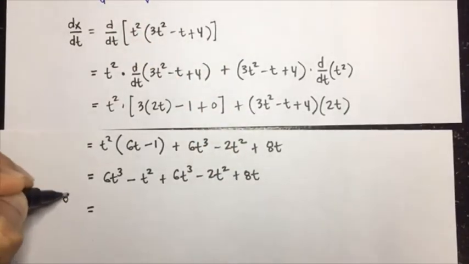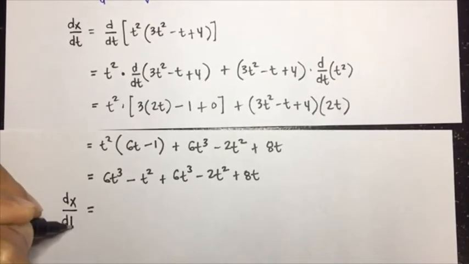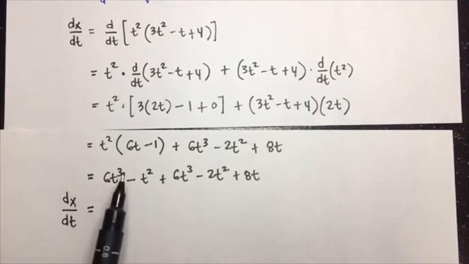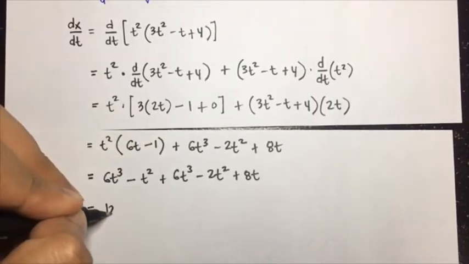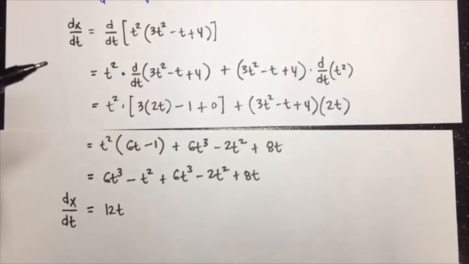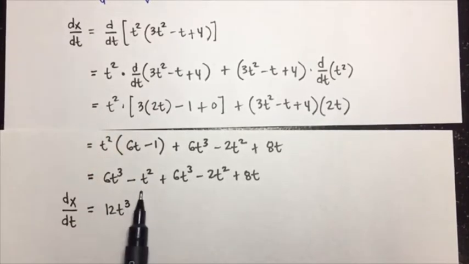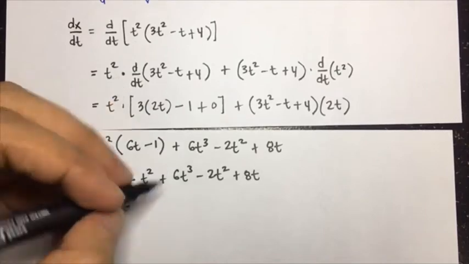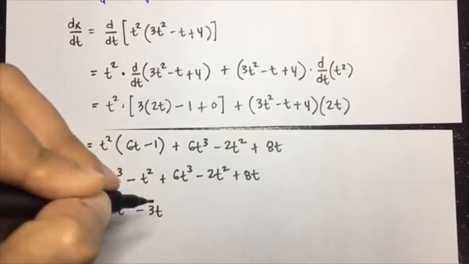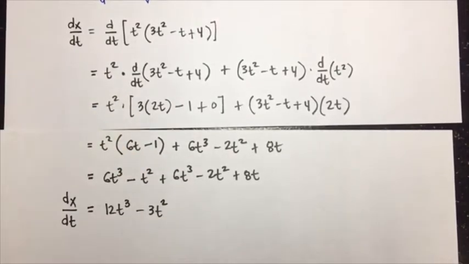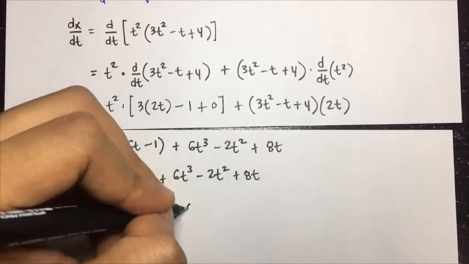And then simplify. So our dx over dt is 6 plus 6, that is, we have 12t cubed, minus 1 minus 2, so minus 3t squared, plus 8t.